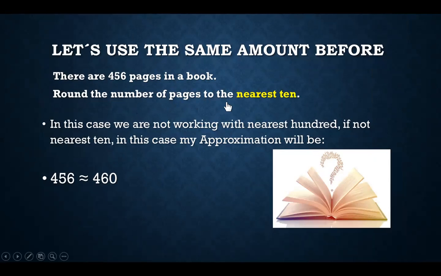Round the number of pages to the nearest 10. So in this case, we are not working with the nearest 100, it's the nearest 10. My approximation will be this: nearest 10, 456 is estimated as 460 because it's the nearest 10. Ones, tens, hundreds.